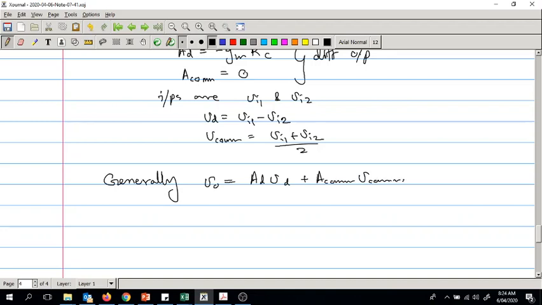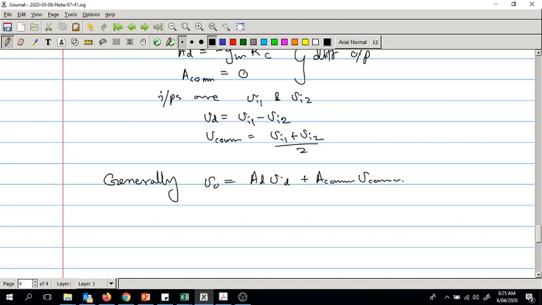So that is how it is in the generic case. As you can see here, because the common mode amplification is 0 for the differential output, you get the common mode signal suppressed fully, right? If you have a very tiny common mode gain, then that part will be there in the output, right? That's for a common mode input signal.